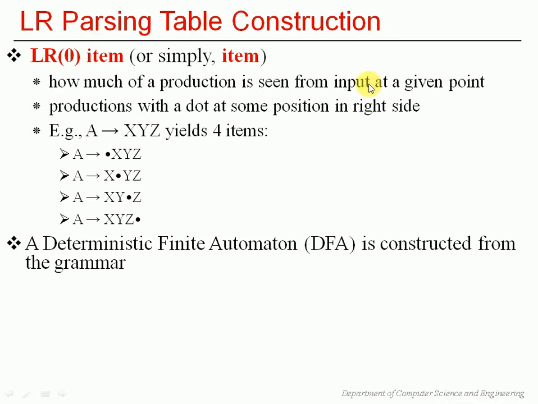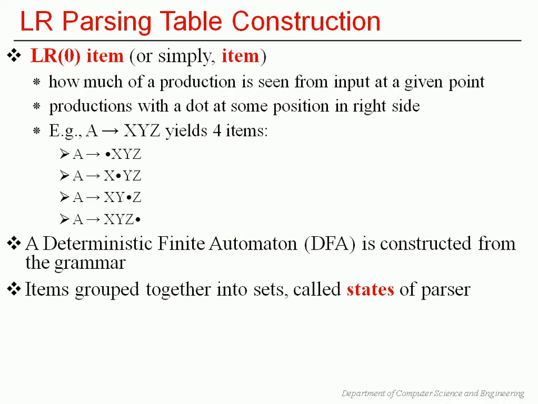So for the grammar that you are discussing for constructing the parsing table, you can construct a deterministic finite automaton, that is a DFA, from the grammar. DFA means you will have states, and how these states are constructed is what we are going to see.